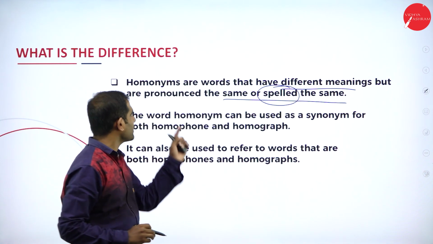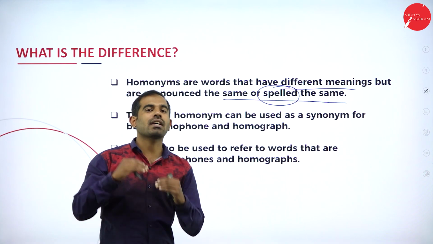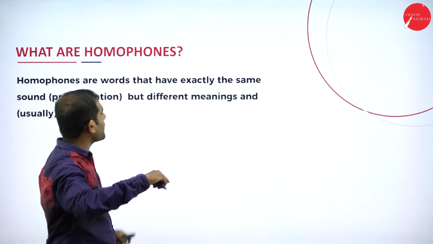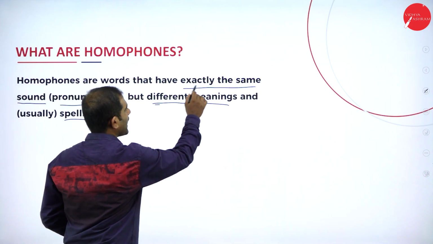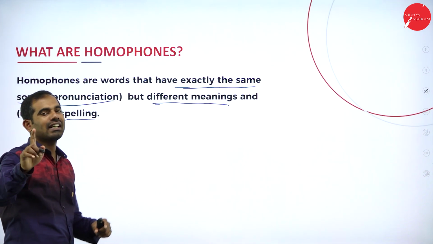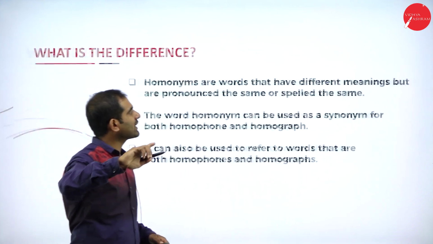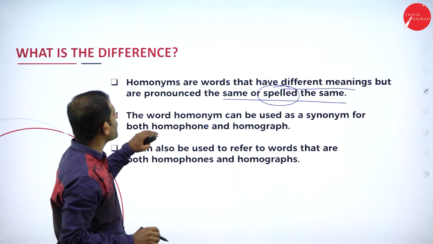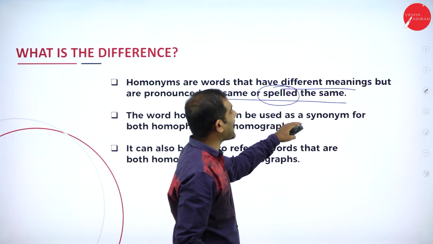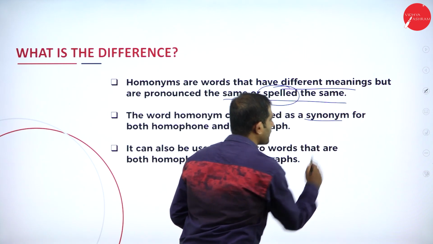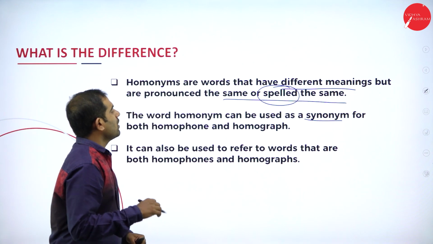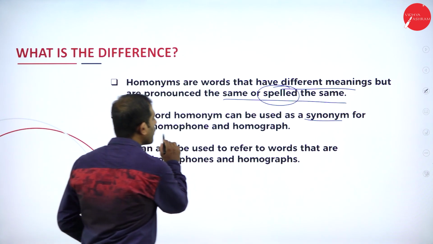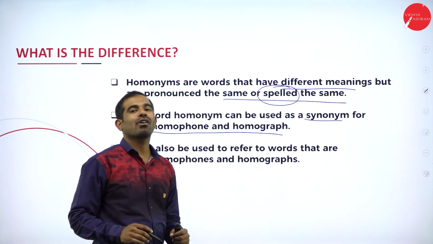Yes, of course, homonyms, the spellings are different, but when it comes to homophones, the spelling is same, but the sound is different. Let us not get confused. Then the word homonym can be used as a synonym. What is the meaning of synonym here? In Kannada we say samanarthaka pada. Synonym for both homophone or homograph.